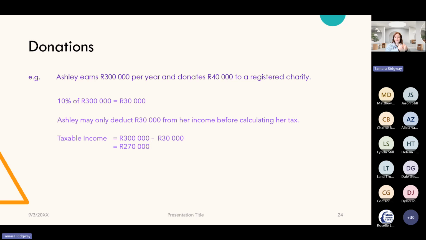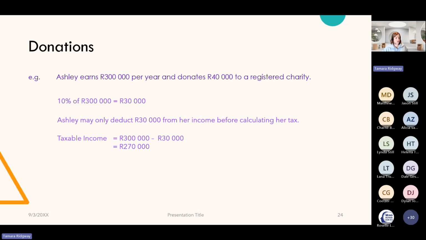So calculate 10% of her earnings, and that's 30,000 Rand. She's donating 40,000 Rand, so she may only deduct 30,000 Rand. She's donating more than her allocated 10% from her income before calculating her tax. So her taxable income is 270,000 Rand.